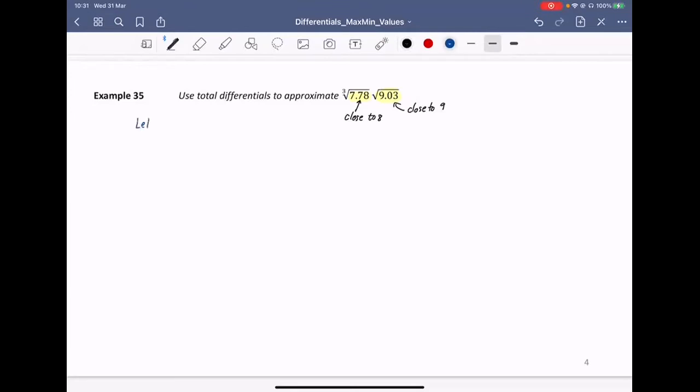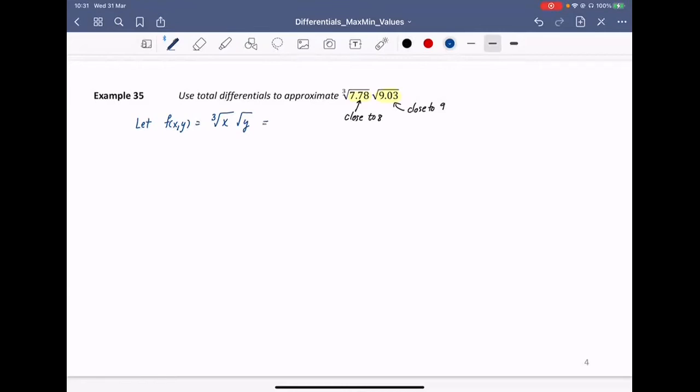So let f(x,y) equal my function, which is going to be the cube root of x times the square root of y. If you are similar to me, you feel I am not comfortable looking at square roots here.